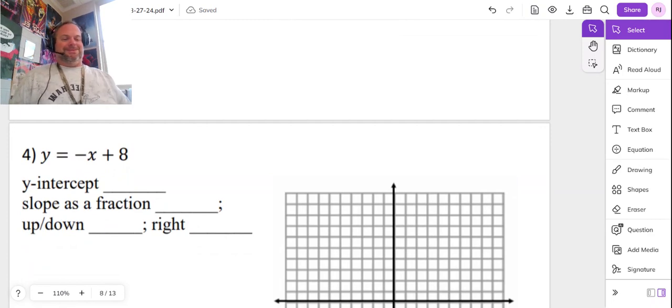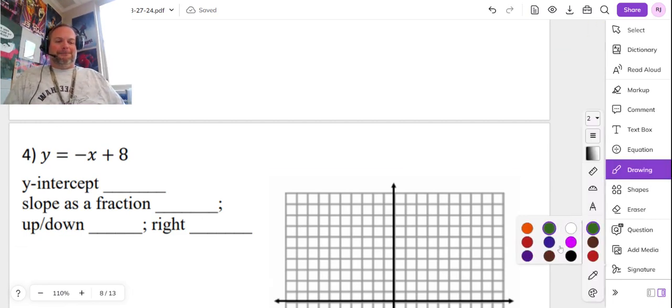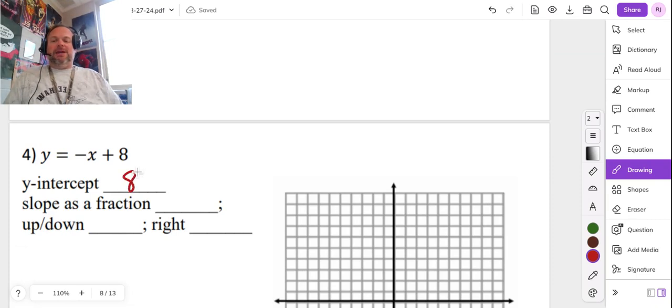Believe it or not, this is the problem that people miss the most. All right. Y-intercept, 8. Slope as a fraction, -1 over 1.